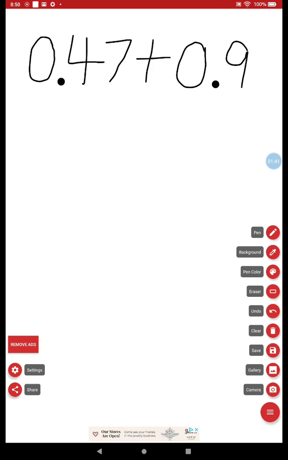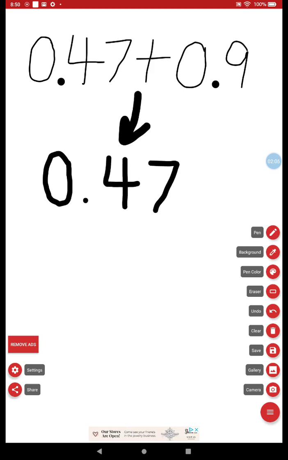It's very important to know where the decimal point is because I need to rewrite this problem just like I did with the last one, like what you've been used to doing with adding numbers, but now I need to line up on that decimal point, okay? So let's go ahead and rewrite the problem. 47 hundredths goes on the top and 9 tenths goes on the bottom.